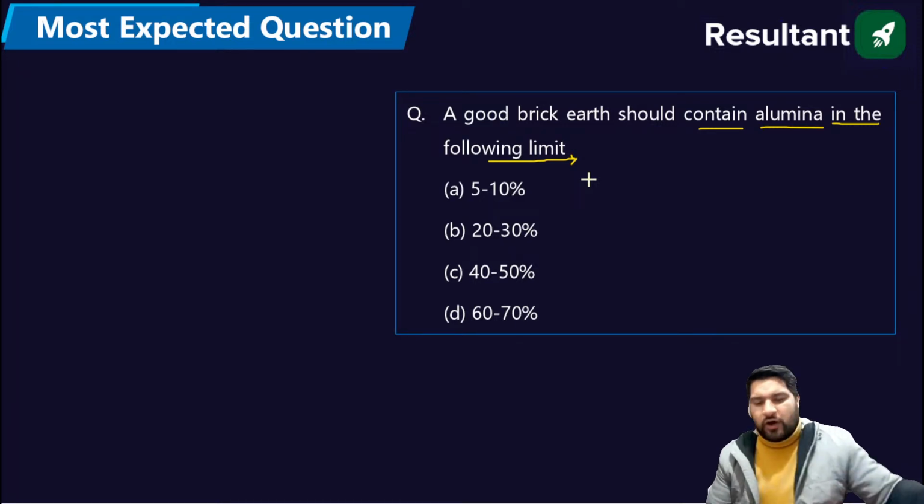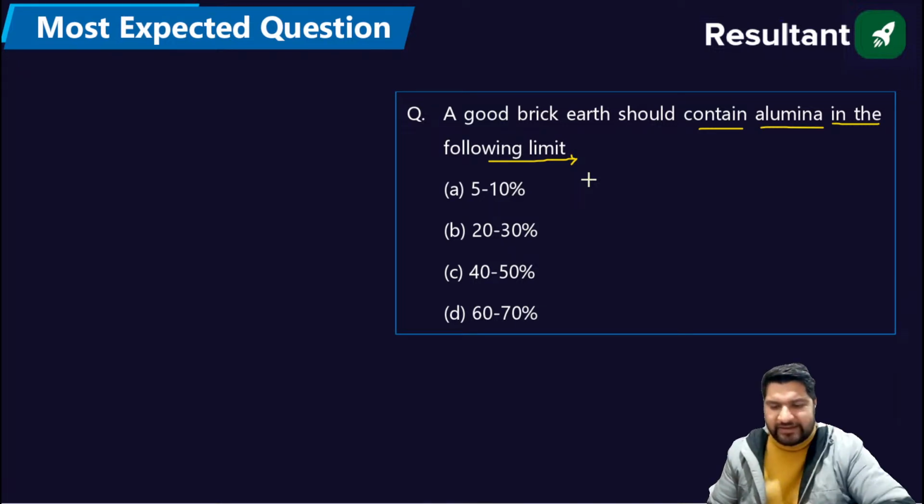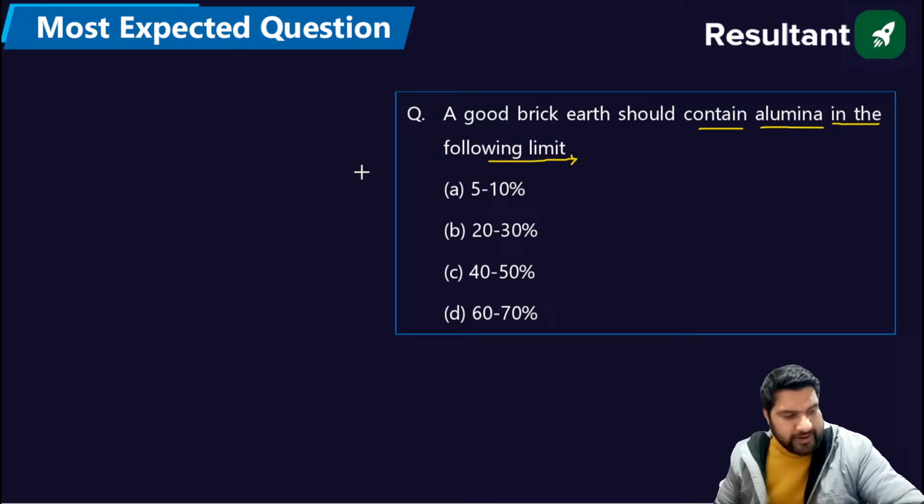So write down the order of the ingredients present in the brick. First is silica. Silica will be present as 50 to 60%.